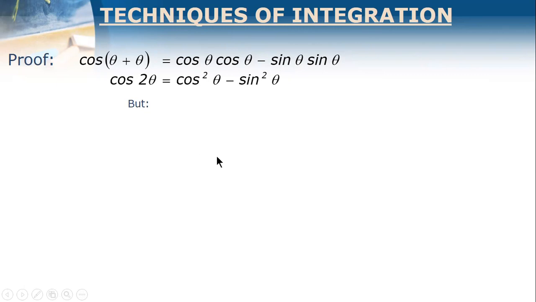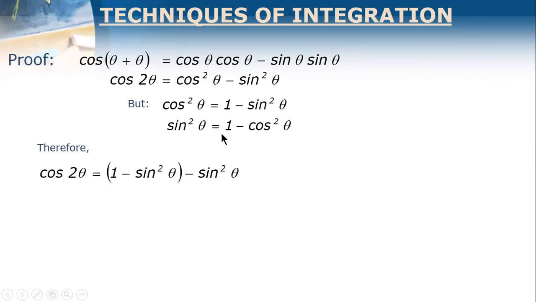But we have this basic identity in trigonometry that cosine squared theta is equal to 1 minus sine squared theta, and also sine squared theta is equal to 1 minus cosine squared theta. So if we substitute these identities into this identity, this is what will happen.